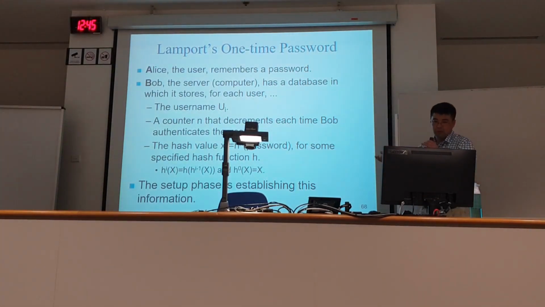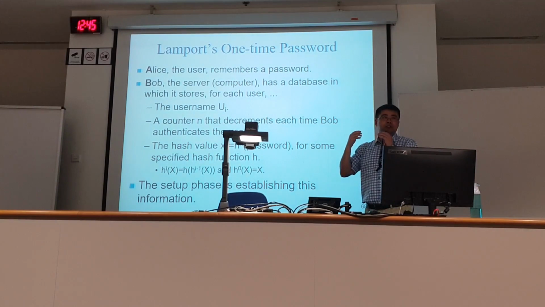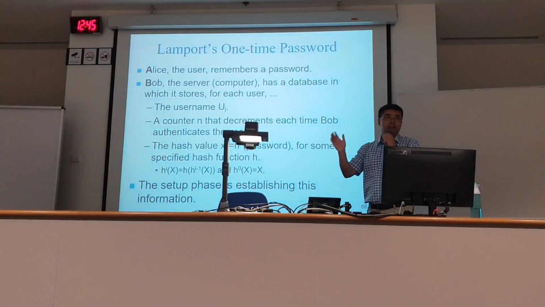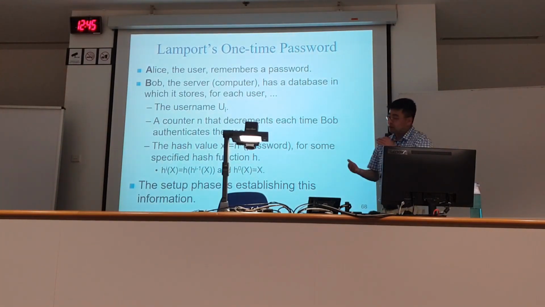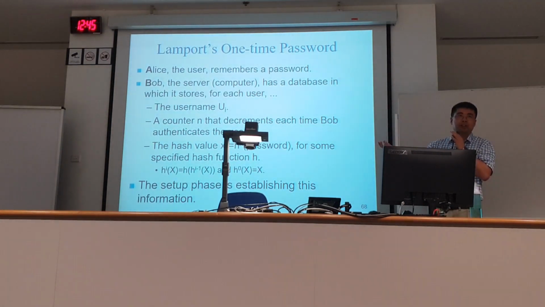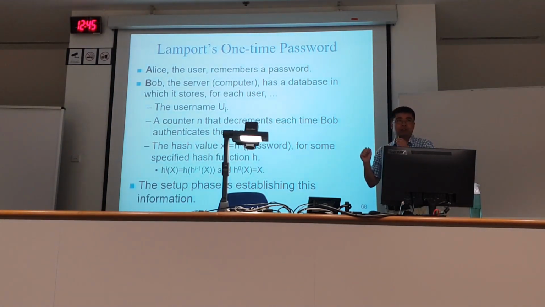So in Lamport's one-time password, the first password starts from the end of the chain. To give you some idea, you have an initial password, and then you hash it, say, n times. In this case, you have n one-time passwords, but the first password you use is from the tail, not from the head of the chain.